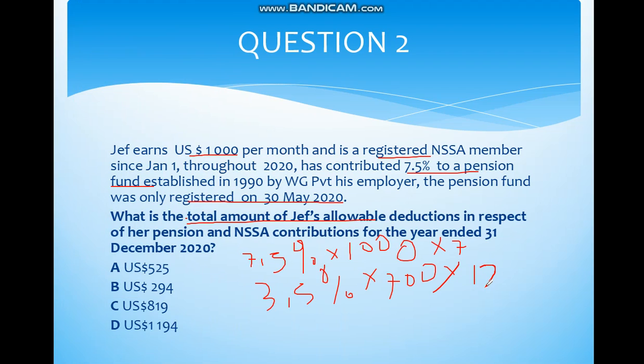Okay, and what is the correct answer in this case? We are going to say 7.5% multiplied by 1,000 times 7 months. Why are you saying 7 months? It is June, July, August, September, October, November, and December. Then we multiply this one, and I think you can actually determine the correct answer from that.